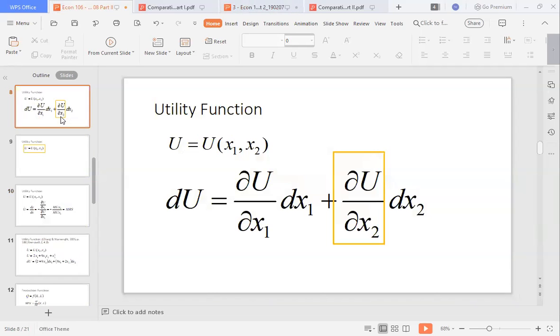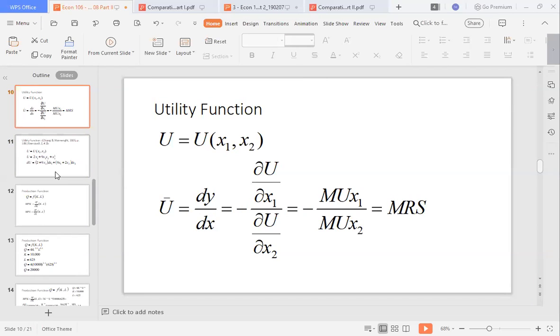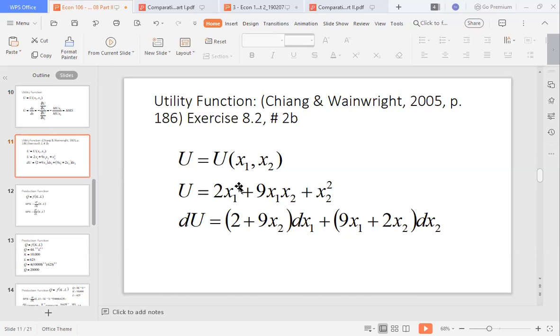Okay, so now going back here, we have our utility function, which is equal to 2x sub 1 plus 9x sub 1 x sub 2 plus x sub 2 cubed. The idea here is that we don't have much details about the changes in any of these variables. All we have is a utility function.